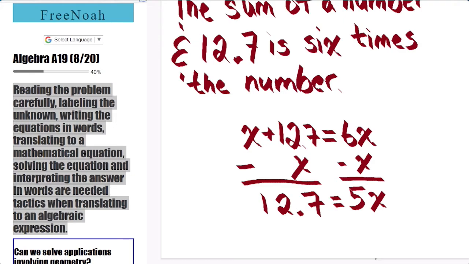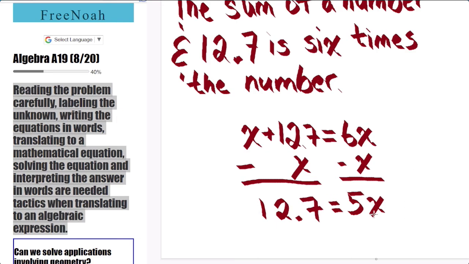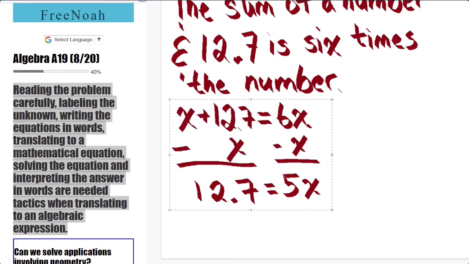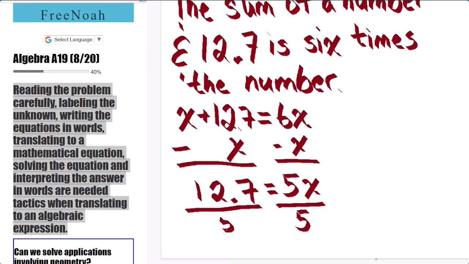Alright, doing good so far. 12 and 7 tenths equals 5x. Now let's divide both sides by 5 and isolate the x. Recall that what we do on the left side, we must do on the right side. Here we go, divide by 5, divide by 5.